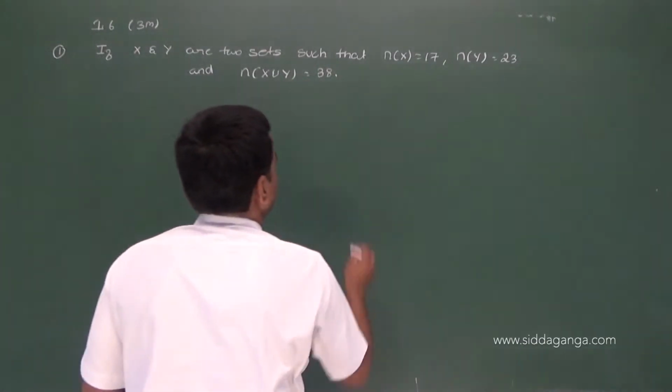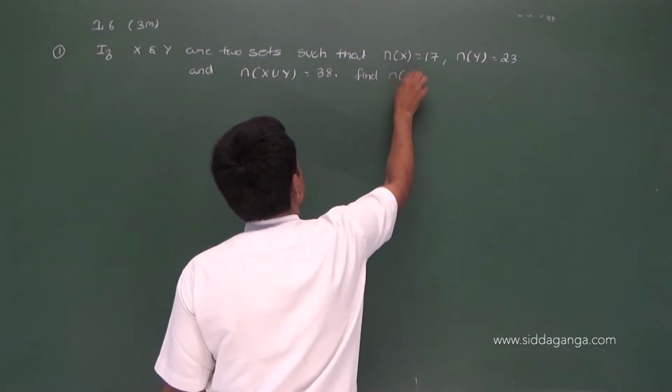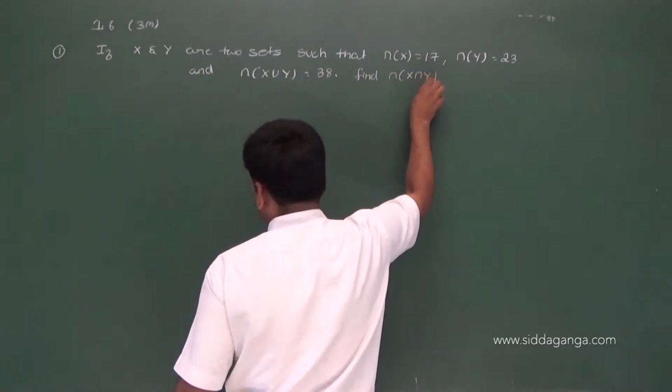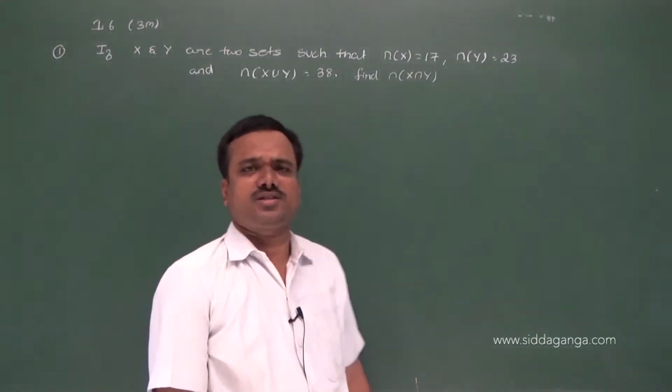What does it ask? Find n of X intersection Y.